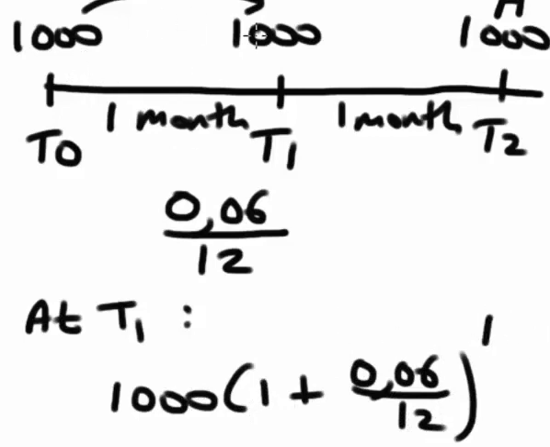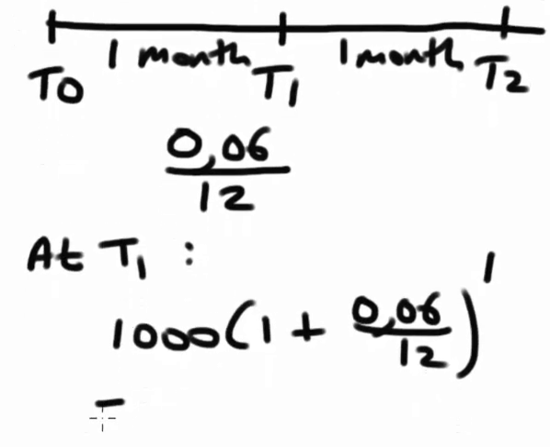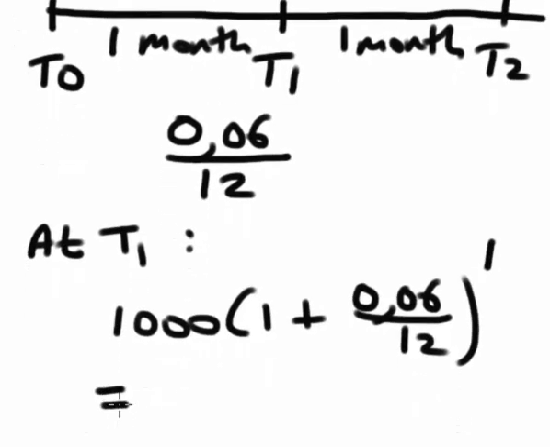So if we work that out in a calculator, you've got 1,000 times (1 plus 0.06 over 12), and we grow it for a period of 1 month. And it comes out at 1,005 rand.